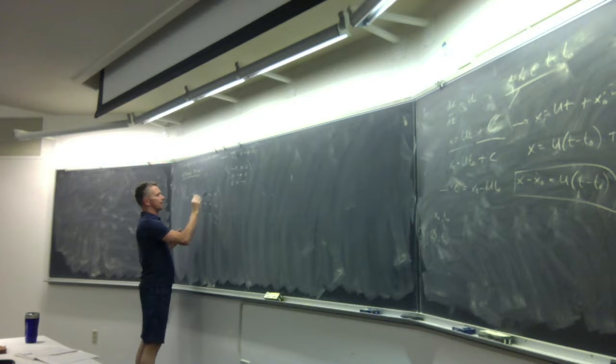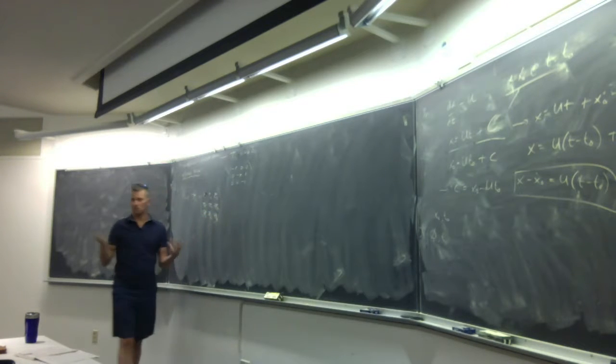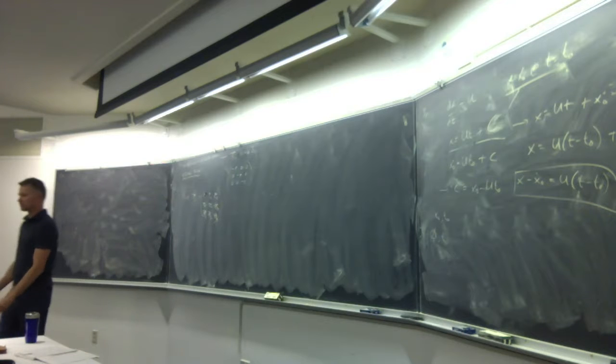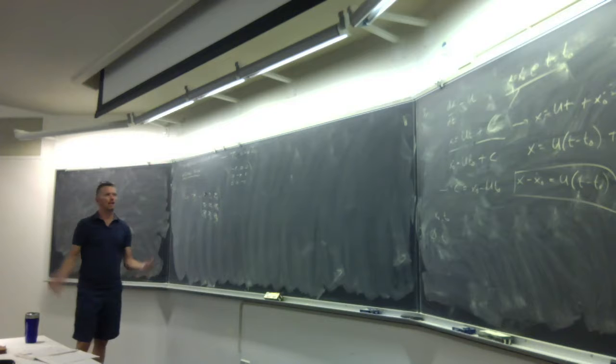I guess I could have written these down as tau 1 1, tau 1 2, tau 1 3, tau 2 1, tau 2 2, tau 2 3, tau 3 1, tau 3 2, tau 3 3, and they can all be different, right?